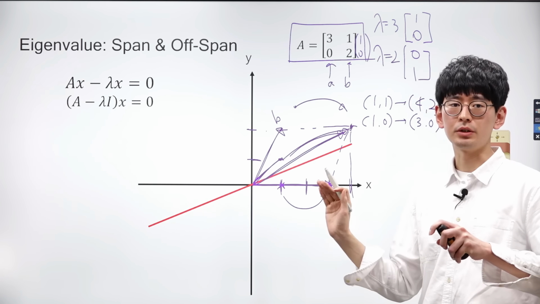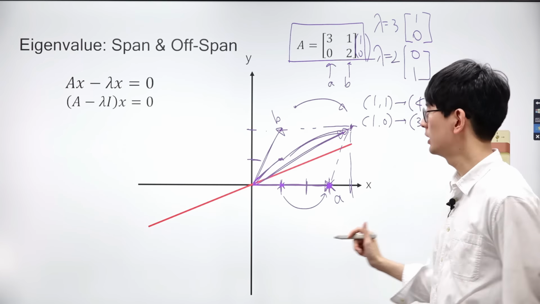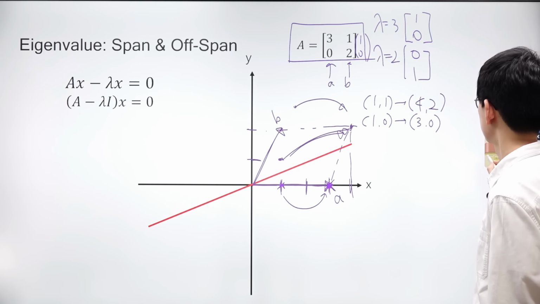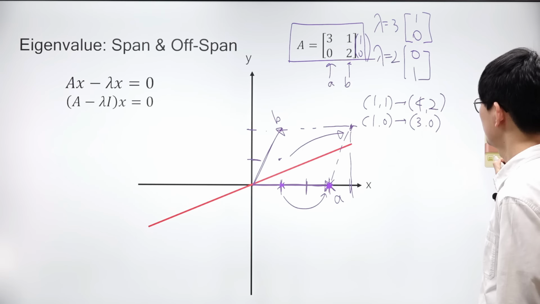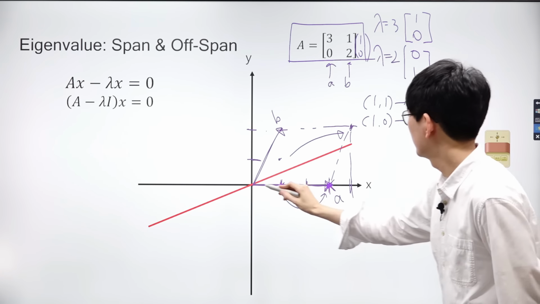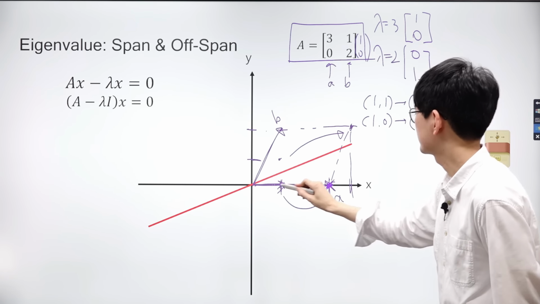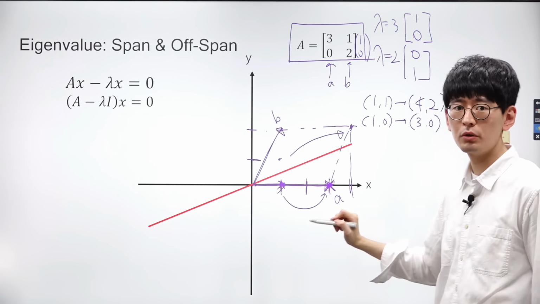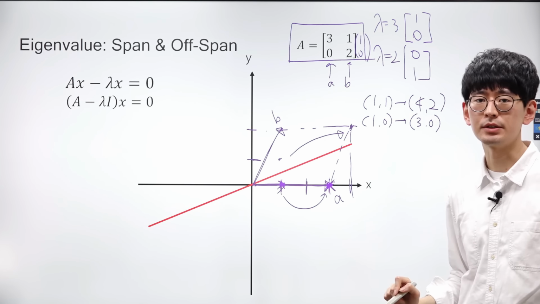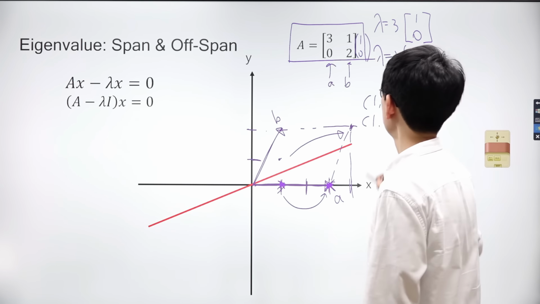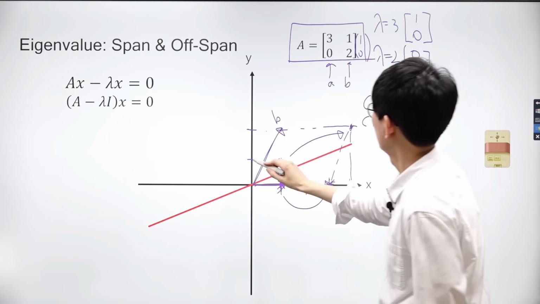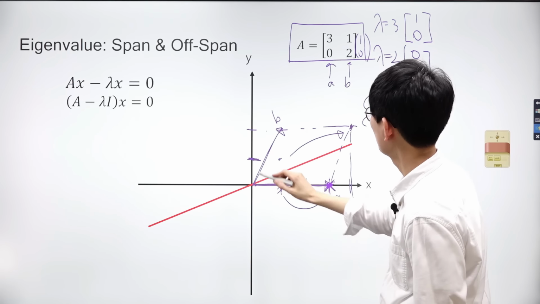Let's see which vectors behave like this. For example, the vector 1, 0 has been shifted to 3, 0, and both vectors lie on the same line with the same direction. Vector 0, 1 also behaves in a similar manner.